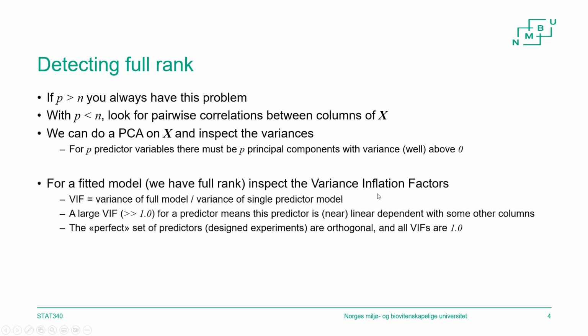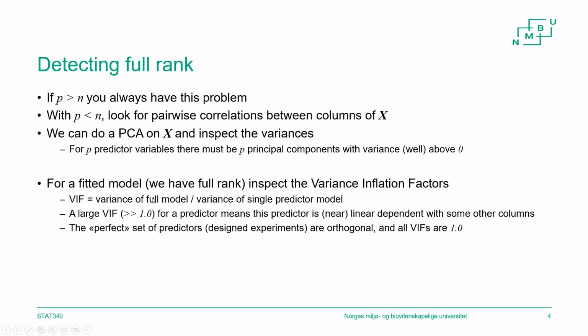There is something called the variance inflation factors. I mention it here because we will see it briefly, but it's not a big thing, I would say. This can be used as a sort of diagnostic tool if you have a model which has full rank, but you suspect you are close to losing the full rank. Then you can see it by these variance inflation factors.